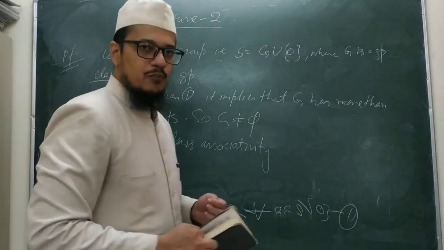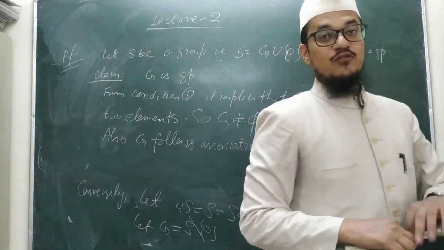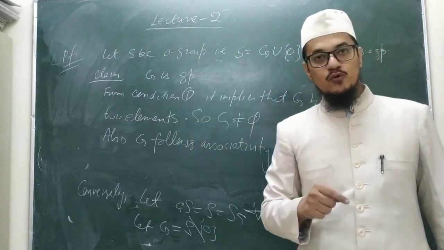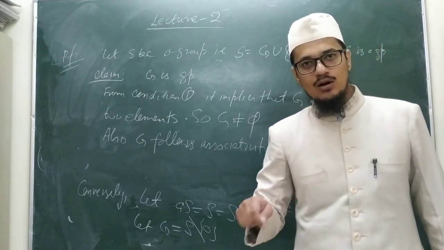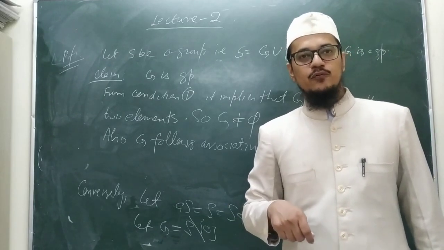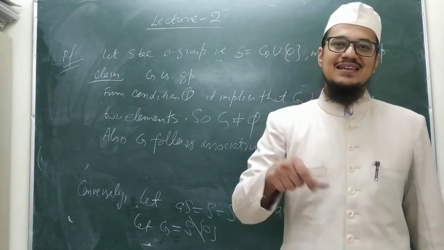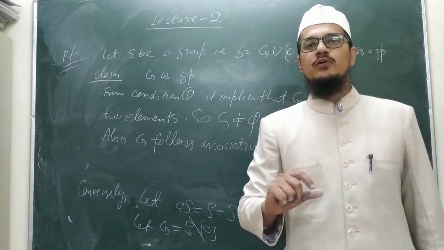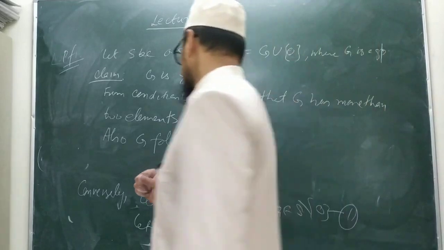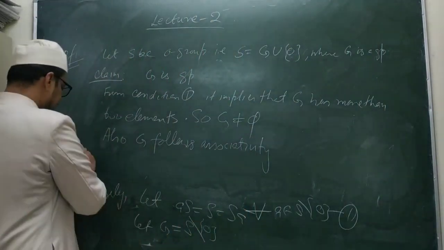So to prove a group, what we have to do? We have to prove three more properties: closure law, existence of identity, and existence of inverse. Correct? So let us get ready.